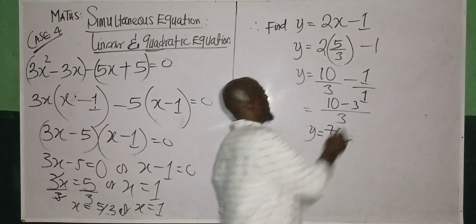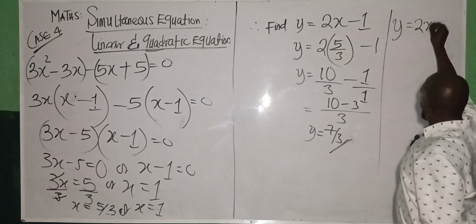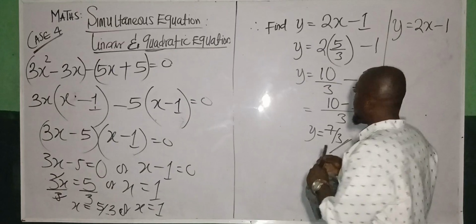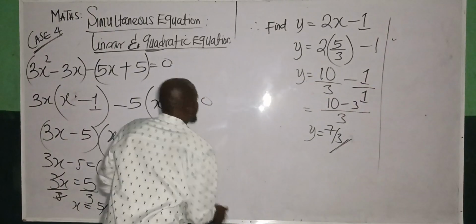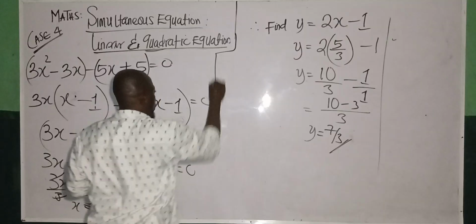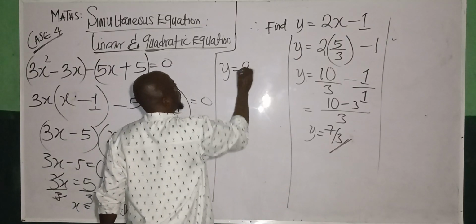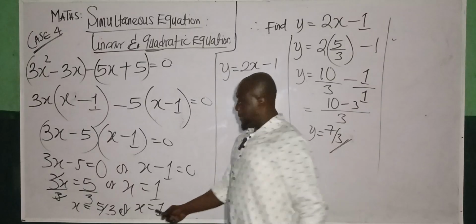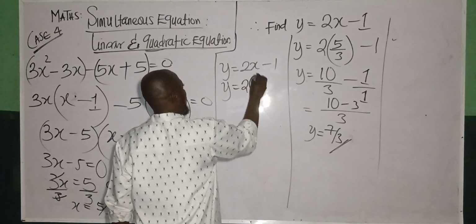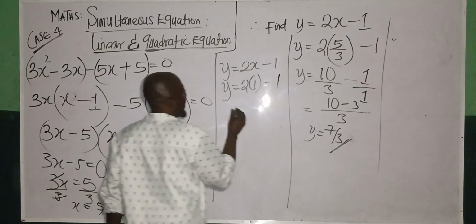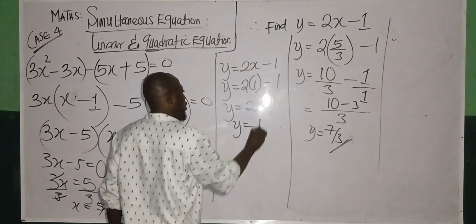For the second y, I'll start by saying that this becomes 2x minus 1 here. To get the second value for y now, I will say 2x minus 1. I already know that my x here is 1. So I will just say y becomes 2 into bracket 1. Anywhere you see x, you put 1. So y becomes what? 2 minus 1, y becomes 1.